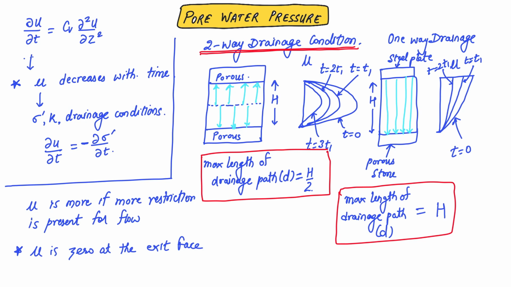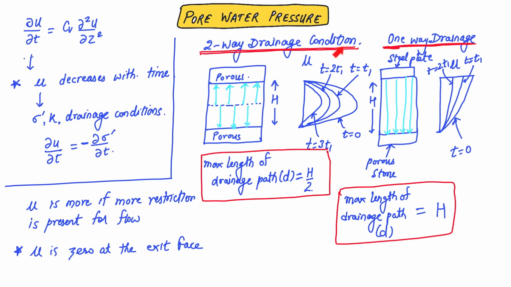Let us understand this, because even by your experience, if I ask you in which case, whether in the two-way or the one-way condition, the consolidation rate will be more, you can easily say that as water has two exit paths or two exit faces in the two-way condition, the drainage rate will be more in the two-way condition.